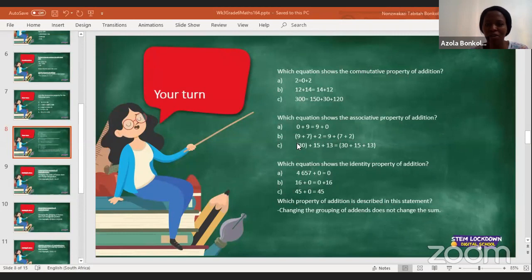I see people are confused. I did that on purpose by just putting the 30 on C in brackets and using the same numbers. It is just to check if people are focusing on the grouping of the numbers. You can't just separate one number and put it in brackets in the associative property of addition, because we are adding.